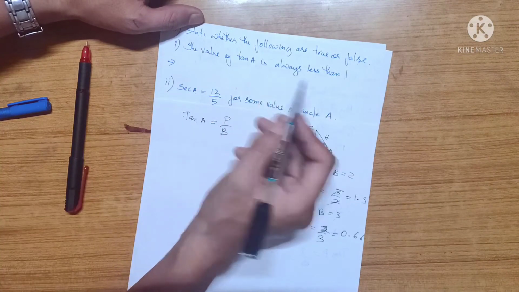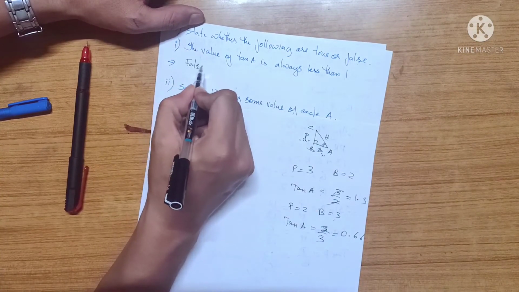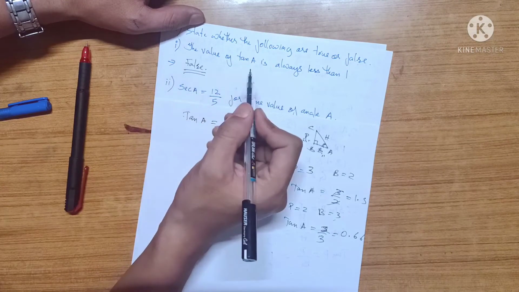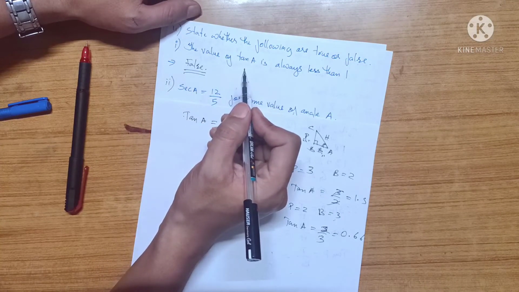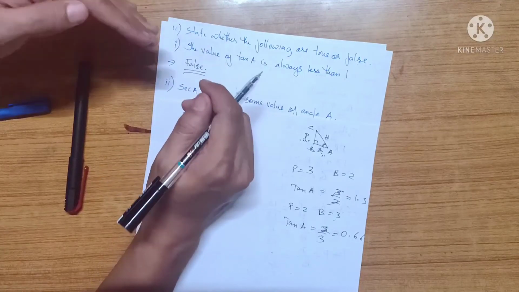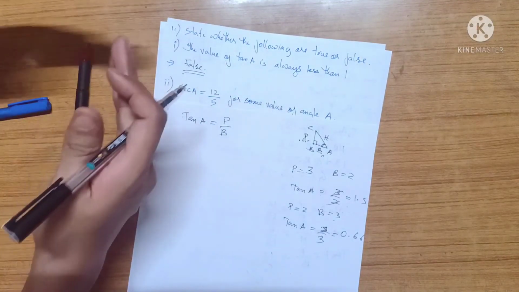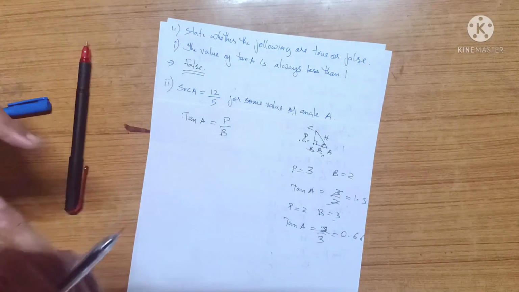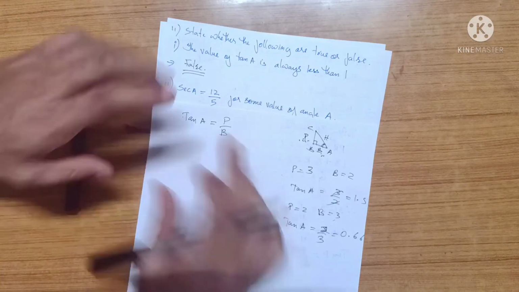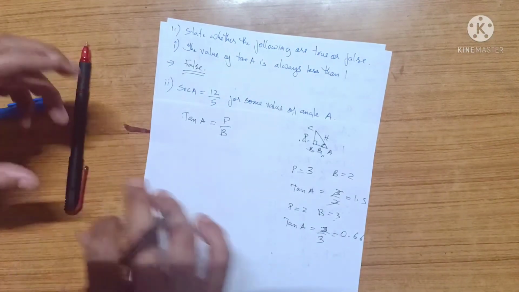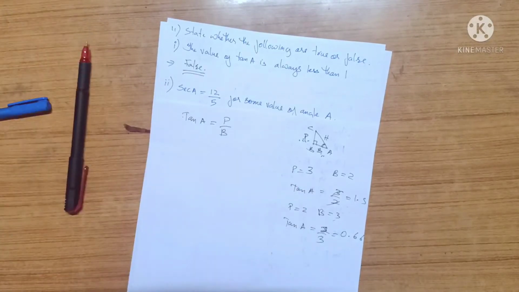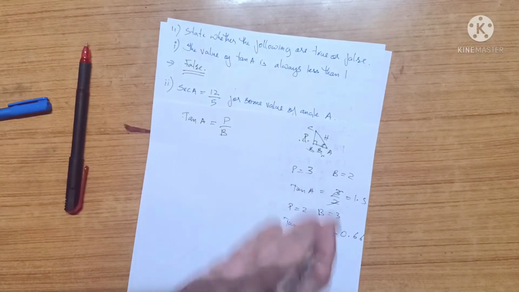Since they're saying always less than 1, it's false. But in the exam it might not come as plain true or false; it might come as it's true or false with a reason, and you have to choose the correct reason. So this is the reason why.